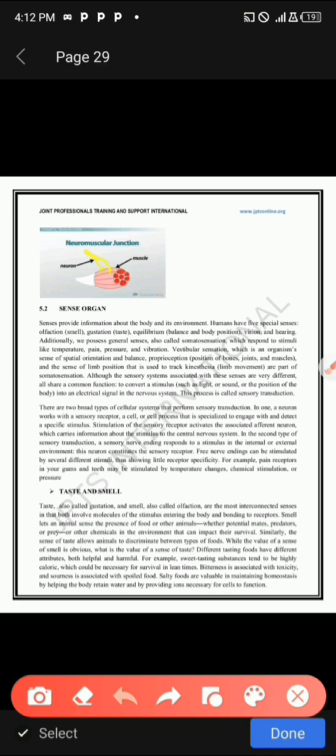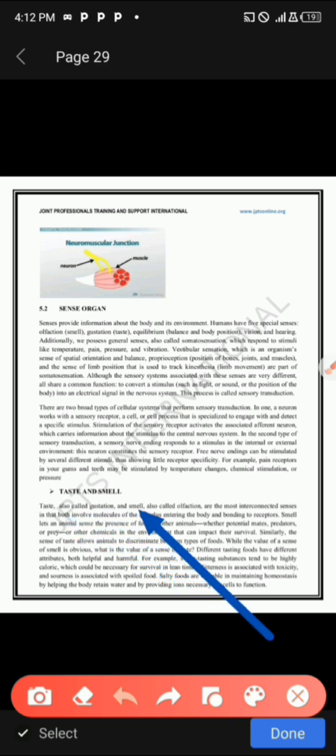And look at some examples. Look at taste and smell. Taste, also called gustation, and smell, also called olfaction, are the most interconnected senses in that both involve molecules.